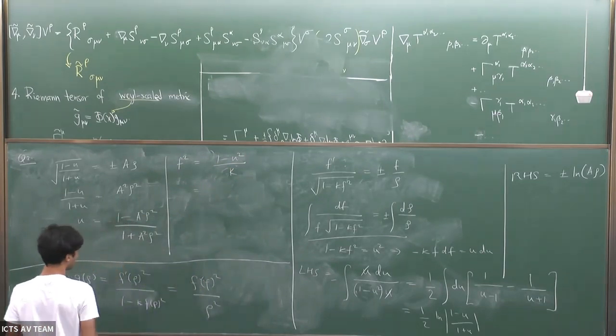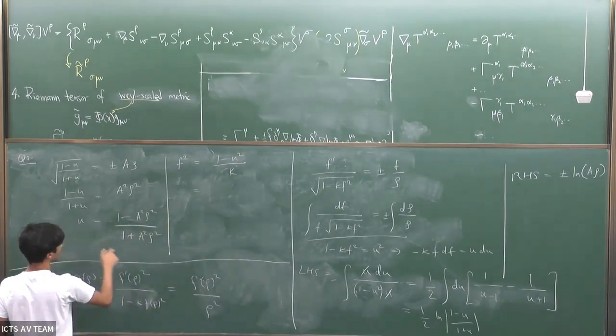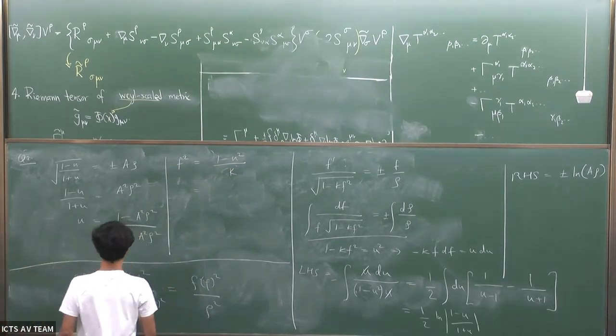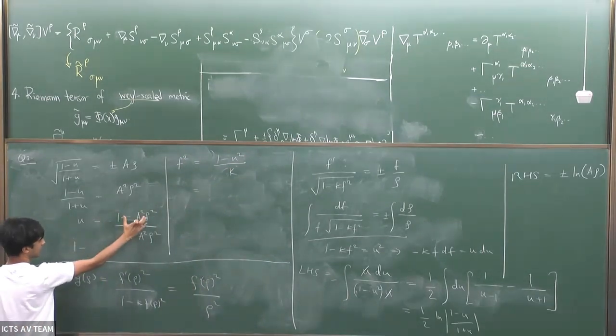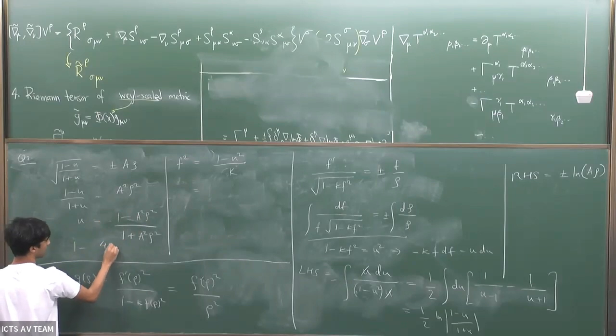So if you substitute this value of u, what is 1 minus of this thing? So (1 + x)² minus (1 − x)² will just give you like 4a²ρ². And in the denominator, you'll have the square of this.